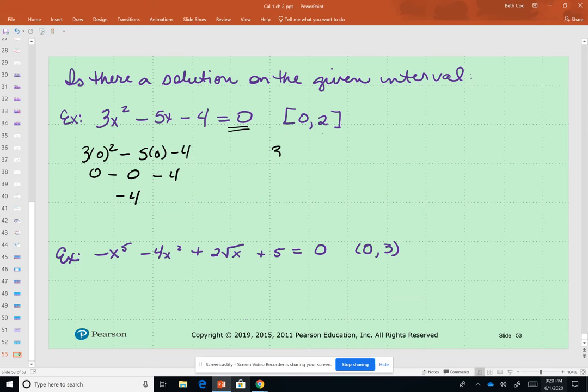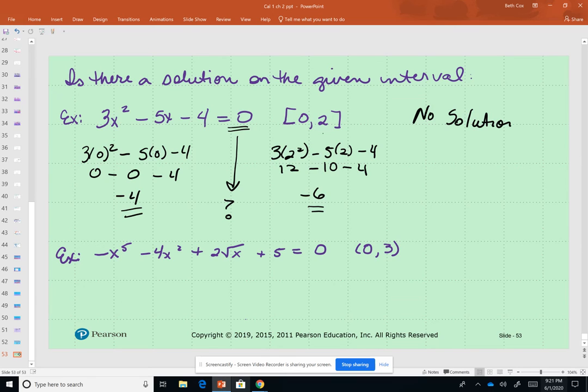And I'm going to plug in 2. And I get negative 6. So now the question is, is 0 between negative 6 and negative 4? No. So since the outcome is not between the endpoints, then there's not a number between 0 and 2 that's going to equal 0. So there's no solution to that equation on the interval from 0 to 2.